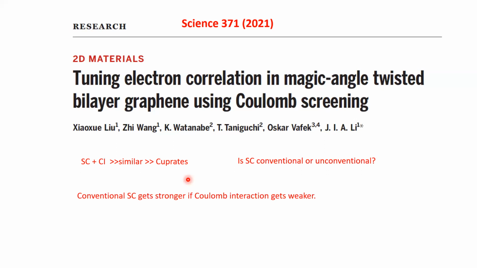In other words, superconductivity increases as the interaction between electrons gets screened. So basically, this is a question of the role of screening in the superconducting case in twisted bilayer graphene.